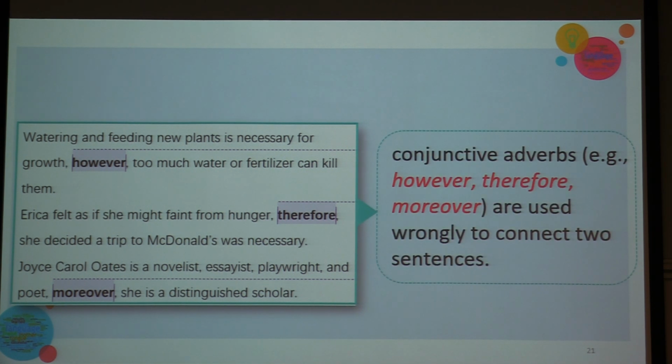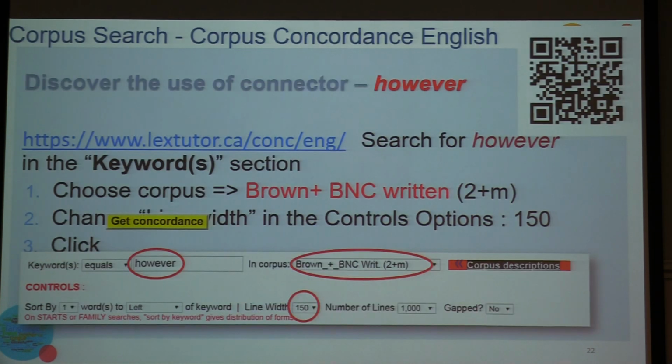But actually, "however," "therefore," "moreover," most often they are used as conjunctive adverbs rather than conjunctions, okay? So here, "but," "however," "therefore," they can be used as conjunctions, but the meaning is different. Like "however" can be used as a conjunction, but the meaning doesn't mean "but," okay? Now I'm going to show you how we tackle this problem, okay?